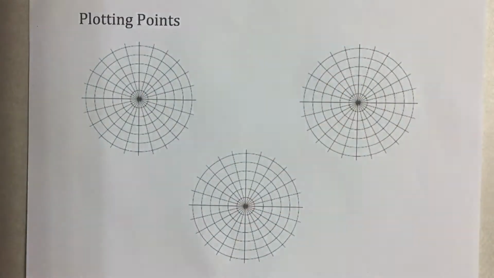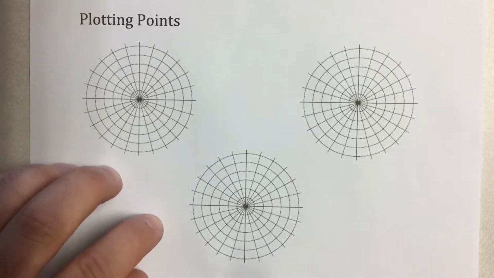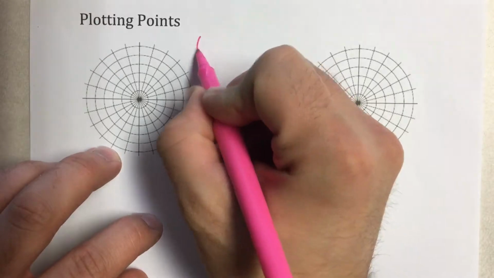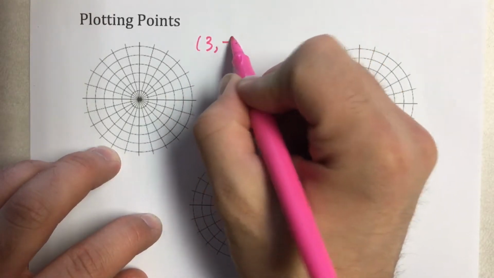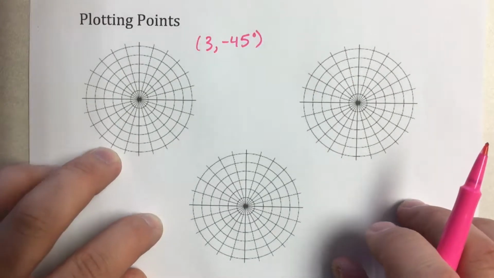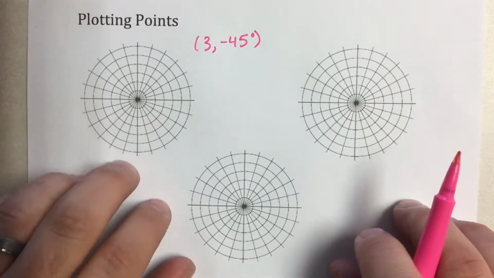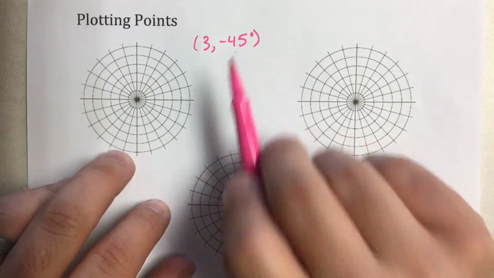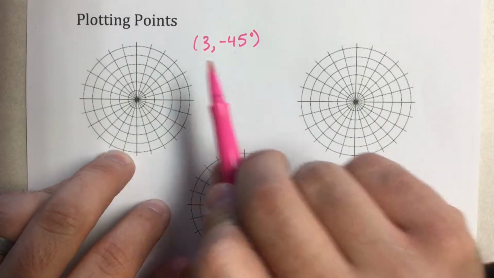The same can be done in radians. So let's take for a moment that we want to plot the point 3, -45 degrees.